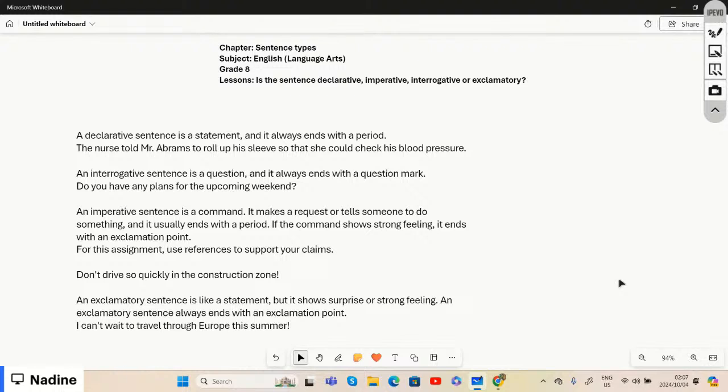A declarative sentence is a statement, and it always ends with a period. It's a statement that you are making, and it ends with a period.